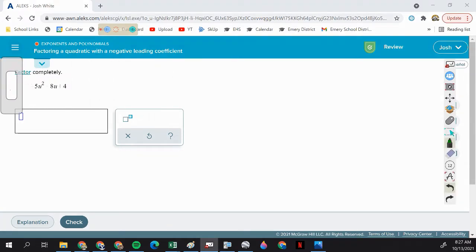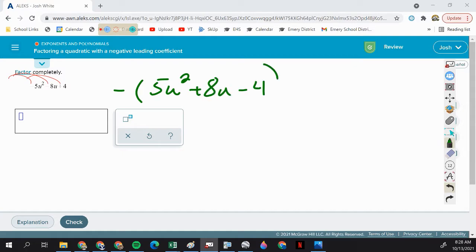The factoring rules are the same here, but we have not taught you how to factor if there's a negative in the leading coefficient. So if there is a negative, you need to pull it out. So can I pull out anything other than the negative? No. So I yank a negative out of everything, and I get negative 5u squared plus 8u minus 4.